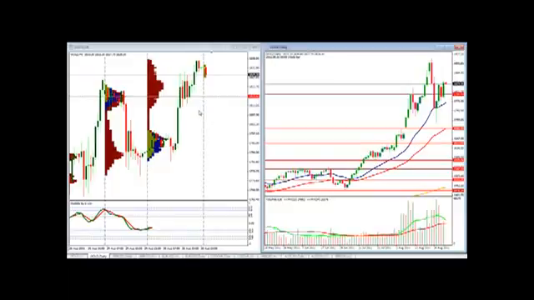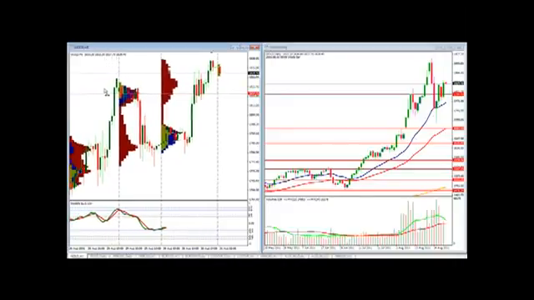When we come over to our hourly time frame, we can see this was the vacuum that we talked about, and we said there was some volume being put in here around 1785, and then we said the next area to be concerned about was 1817. We got there, we consolidated there, and then we pushed higher.